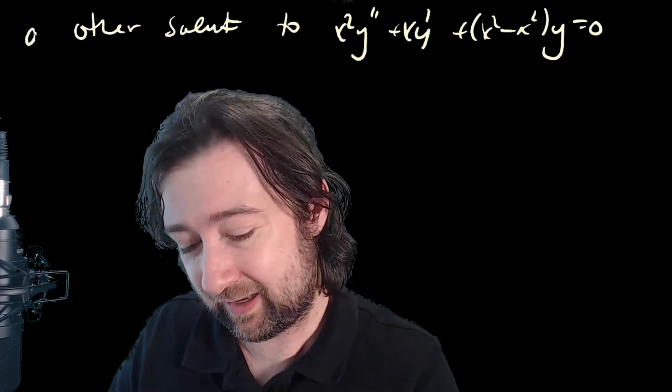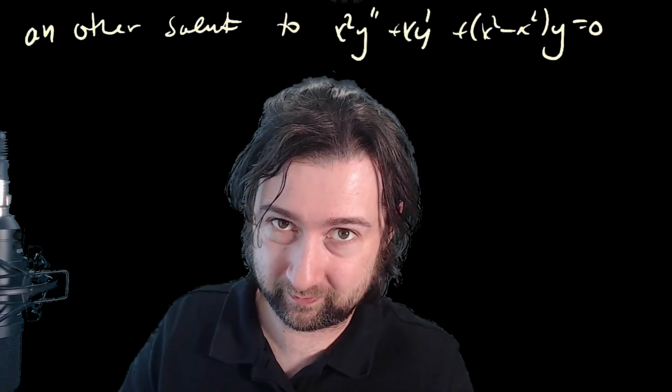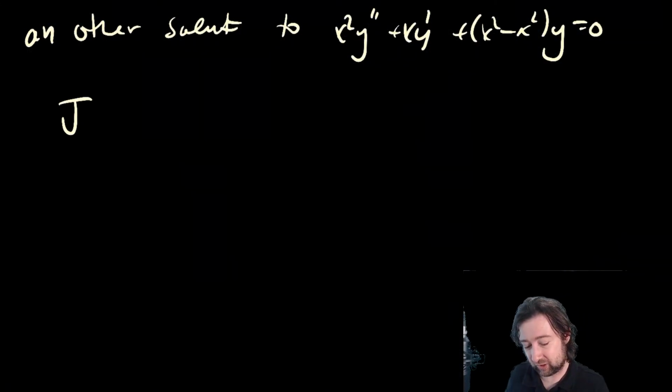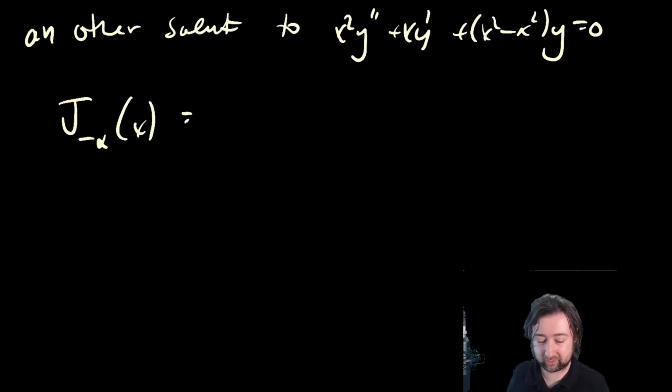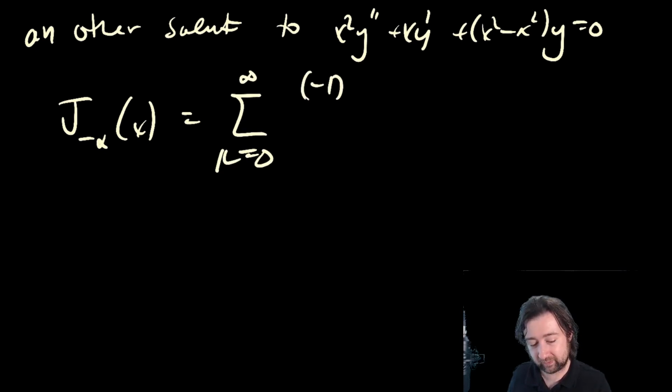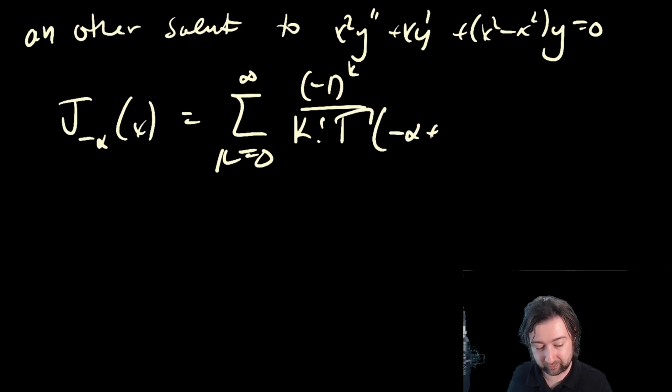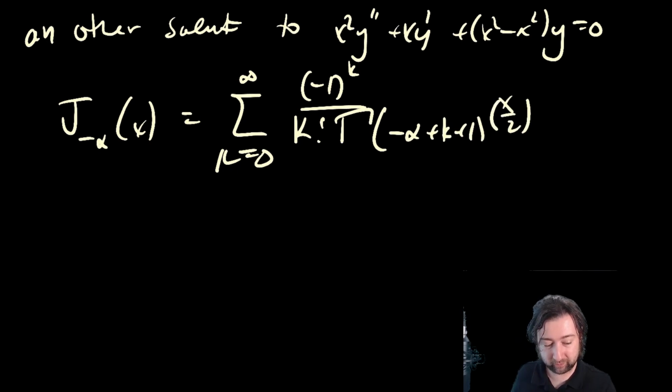I should say another solution is just given by J minus alpha of x is equal to the sum from k is equal to 0 to infinity minus 1 to the k over k factorial times gamma of minus alpha plus k plus 1 times x over 2 to the k.